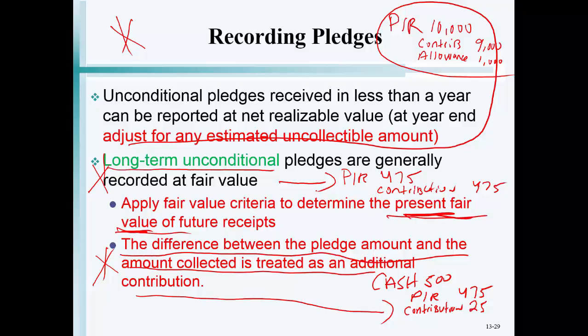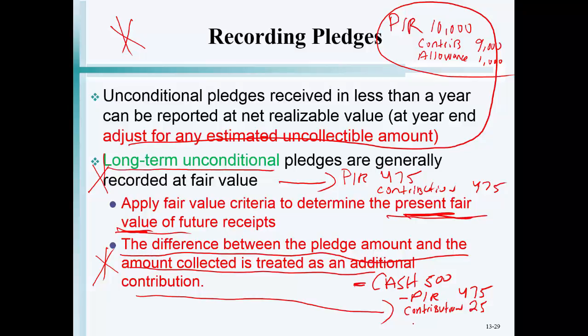Okay. Then what? Then the person goes ahead and pays me 2 years later. And when they pay me 2 years later, they're going to give me the full 500, aren't they? So I debit cash, 500. I credit the pledges receivable, 475.